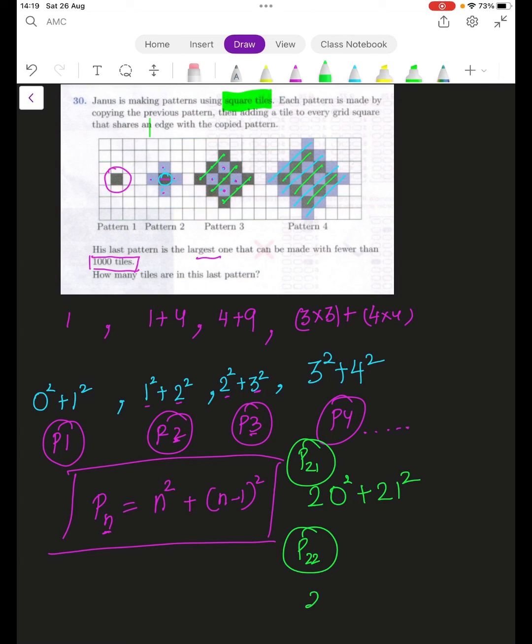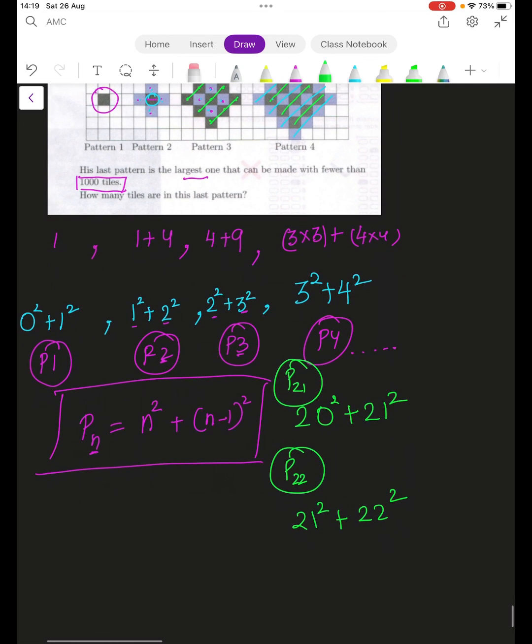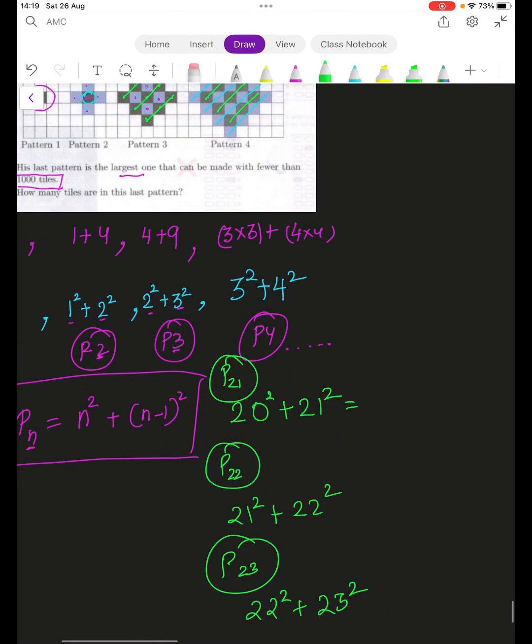So this is pattern number 21, and pattern number 22 would be 21 square plus 22 square. And similarly, pattern 23 would be 22 square plus 23 square. And now you can put these values in the calculator and find out the answers.